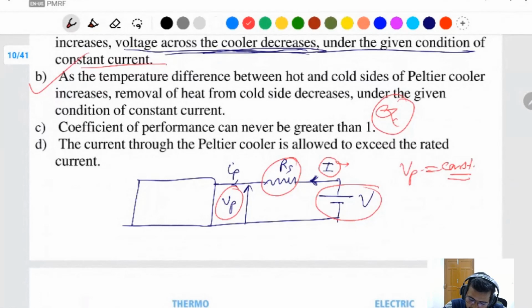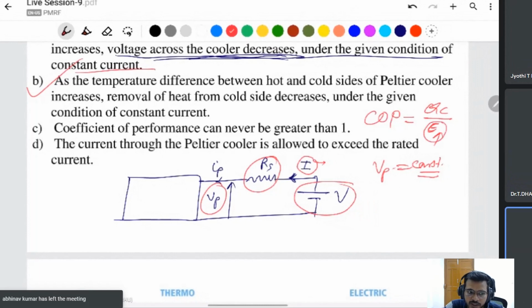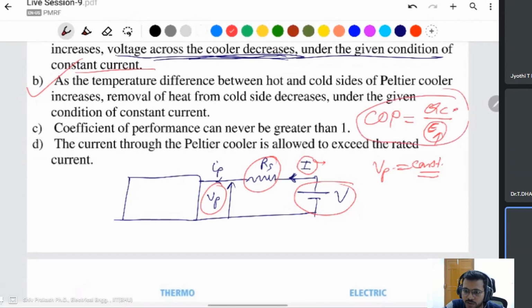Next option: the coefficient of performance can never be greater than 1. COP is QC divided by the electrical supply. If you do not supply electrical power to the Peltier device, something will still be transferred because of the heat sink and the ambient temperature. It will be a positive value, not 0.